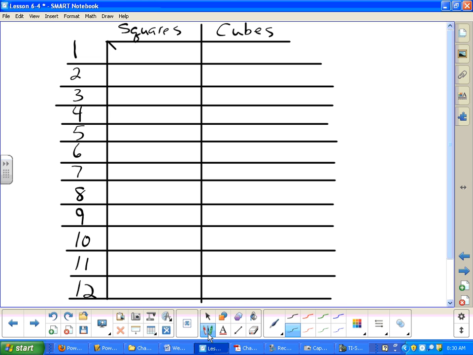So you need to write down the squares and cubes for all of them. 1 squared is 1, 2 squared is 4, 9, 16, 25. Because these are numbers that, when we're talking about difference of two squares and difference of two cubes, are going to come up quite often, and it's important that you can recognize them right away as being a square or a cube.